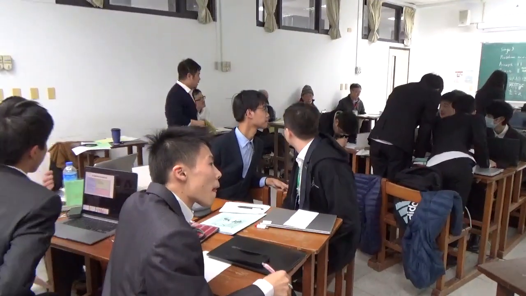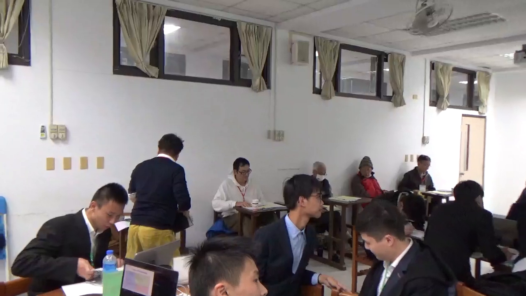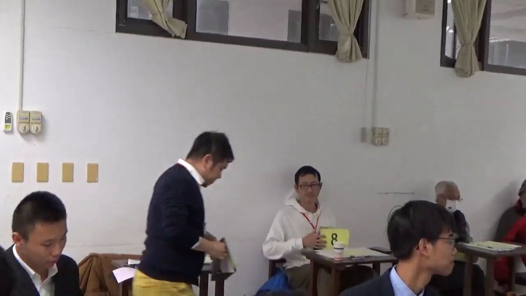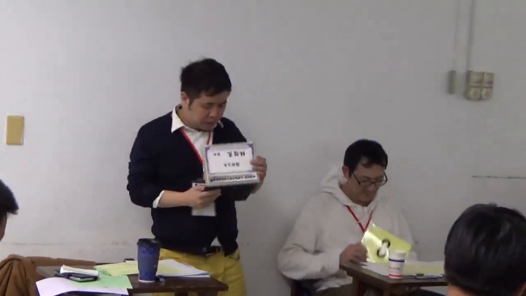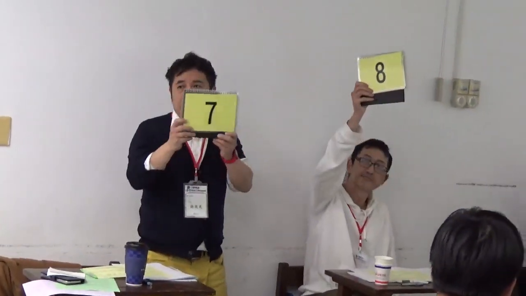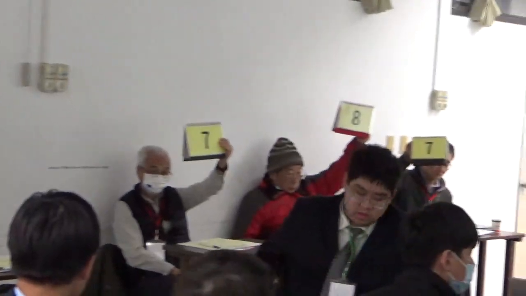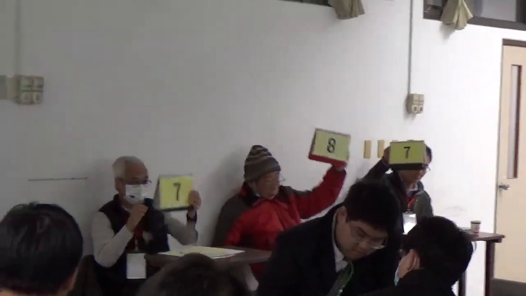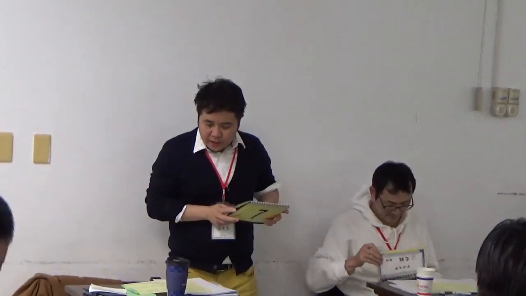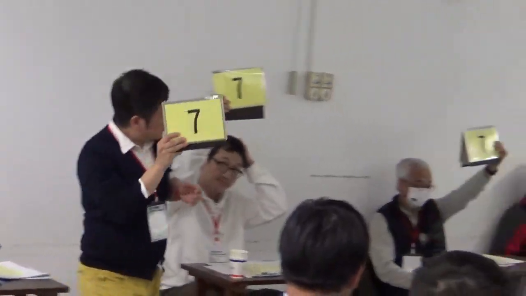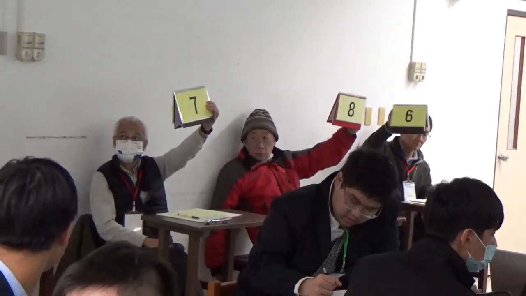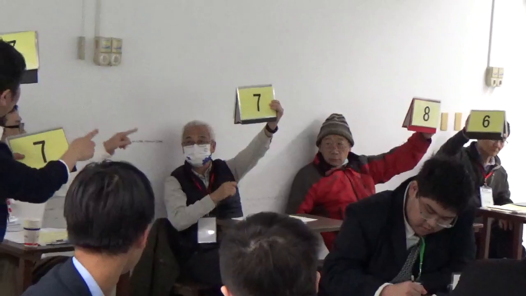Okay, let's start with the reporter. Now is the score for the reporter: 7, 8, 7, 8, and 7. Next would be the score for the opponents: 7, 7, 8, 8, 6.